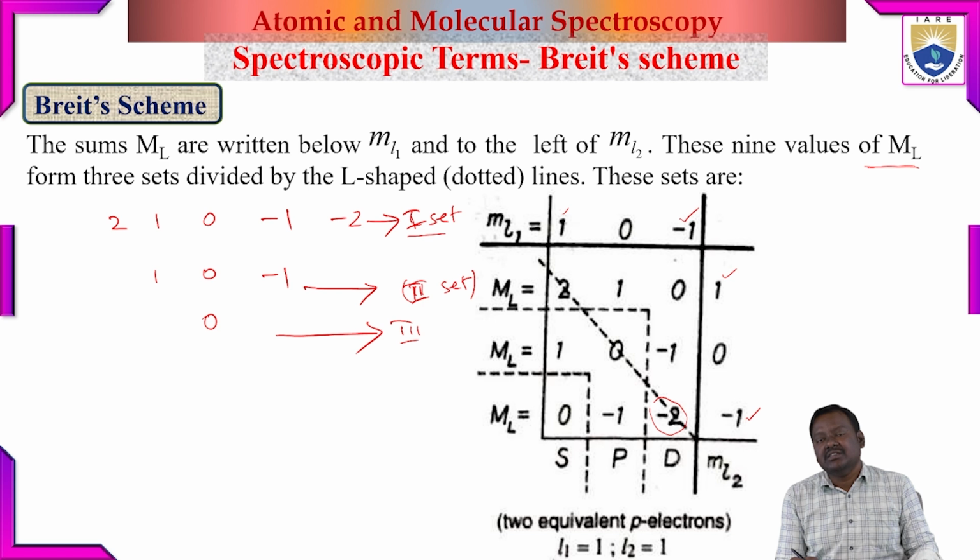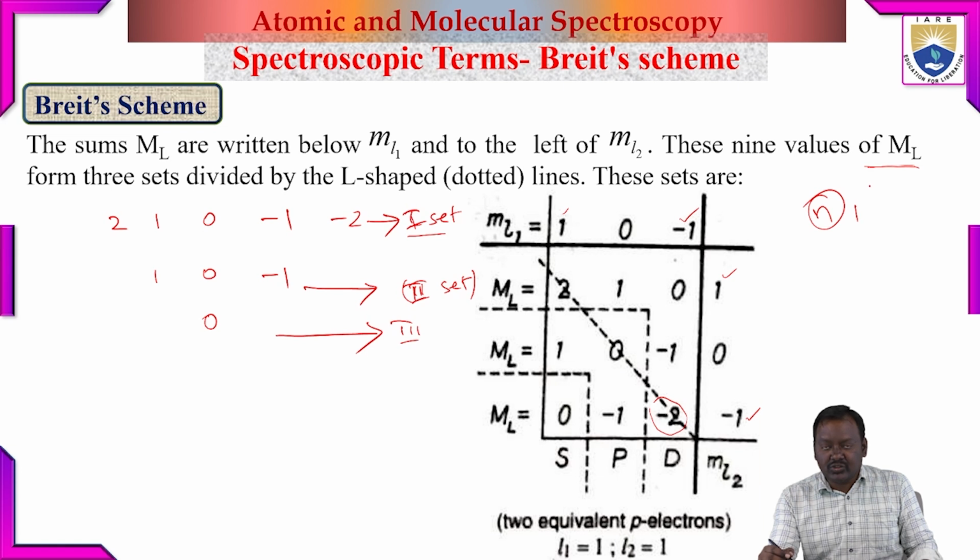That means ms value must be different because ml values are same for the two electrons. Already we are taking the two electrons which are in the same orbital. That means principal quantum number is same for the two electrons. N value is same.